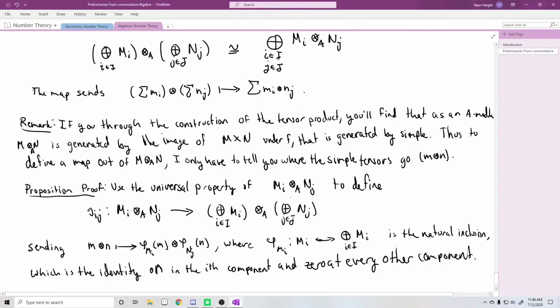And then you'd take the direct sum of these G_ij's, and that will give you an inverse to the previously defined map.